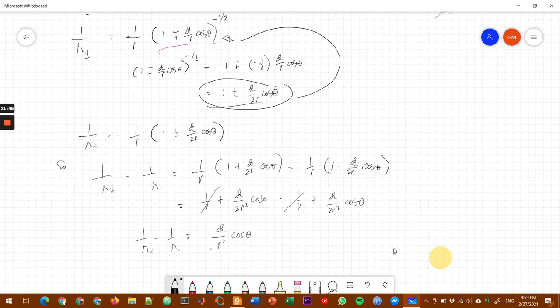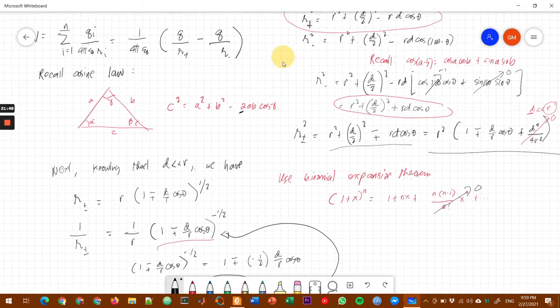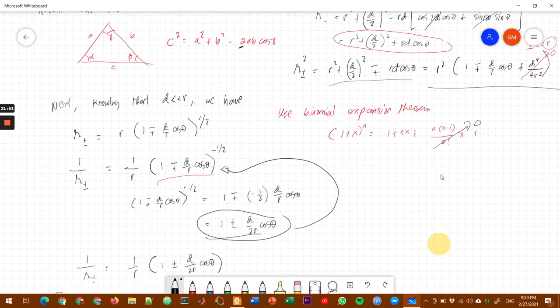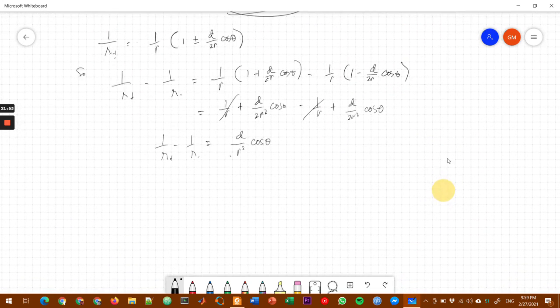Now we substitute it into our potential. Let's write it again: for the dipole, the potential is 1 over 4 pi epsilon naught times Q times (1 over R plus minus 1 over R minus).